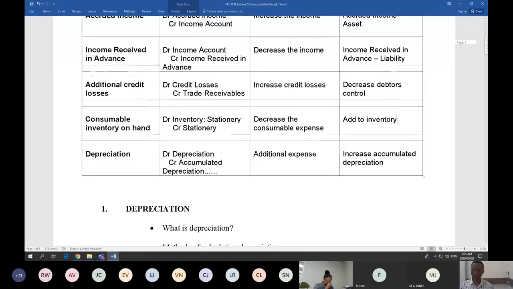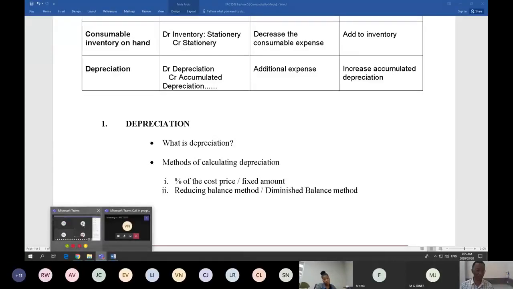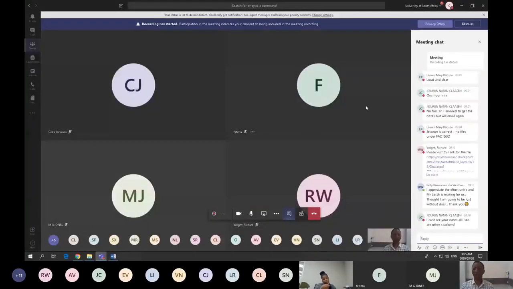We take a look at our last adjustment that we will deal with for today, and that is the adjustment called depreciation. When we talk about depreciation, as you guys may know, depreciation is the value by which our non-current assets, mainly your vehicles, your equipment, your furniture, decrease in value over time due to wear and tear.